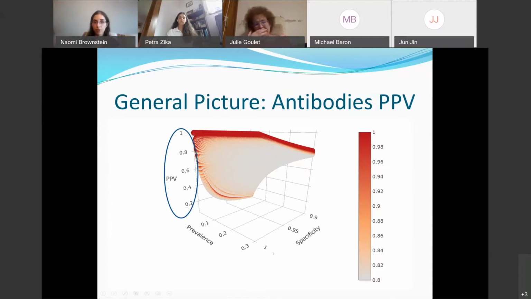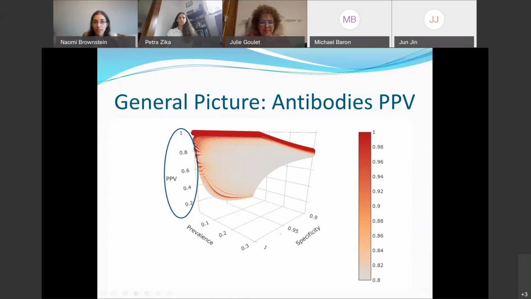As prevalence goes up, your predictive value improves. Same thing as your specificity goes up, so your test is better at weeding out the negatives from positives. And as your sensitivity goes up, as it's better at detecting the positives out there, your test also improves.